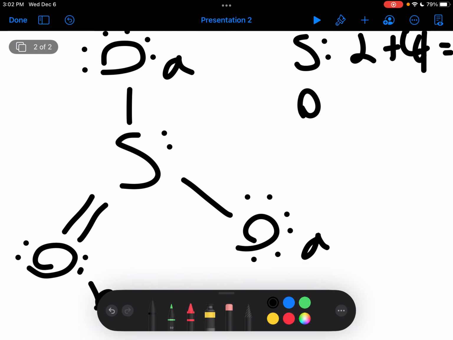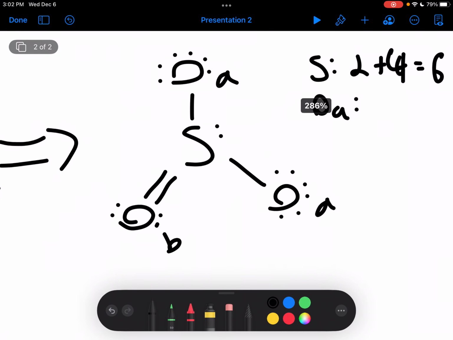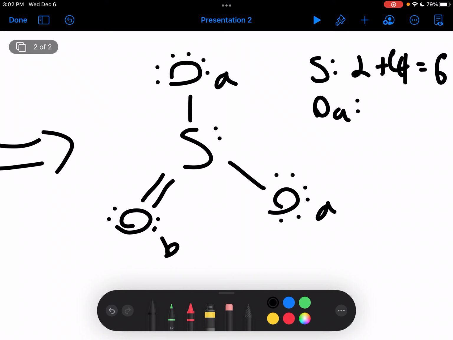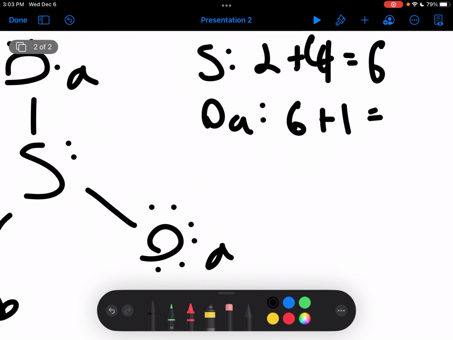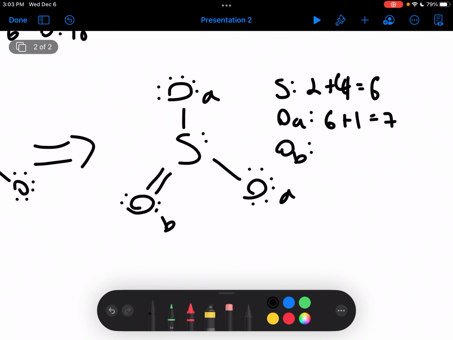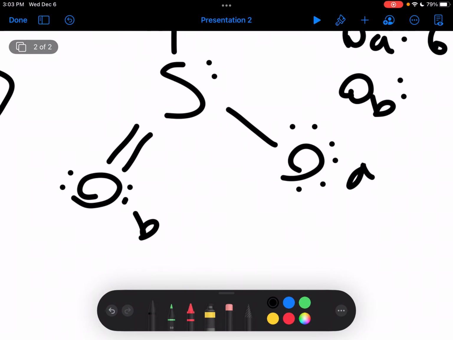So for oxygen A, we have 1, 2, 3, 4, 5, 6, 7. So we have 6 valence electrons plus 1 bond. That equals 7. For oxygen B, on the other hand, we have 1, 2, 3, 4, 5, 6.